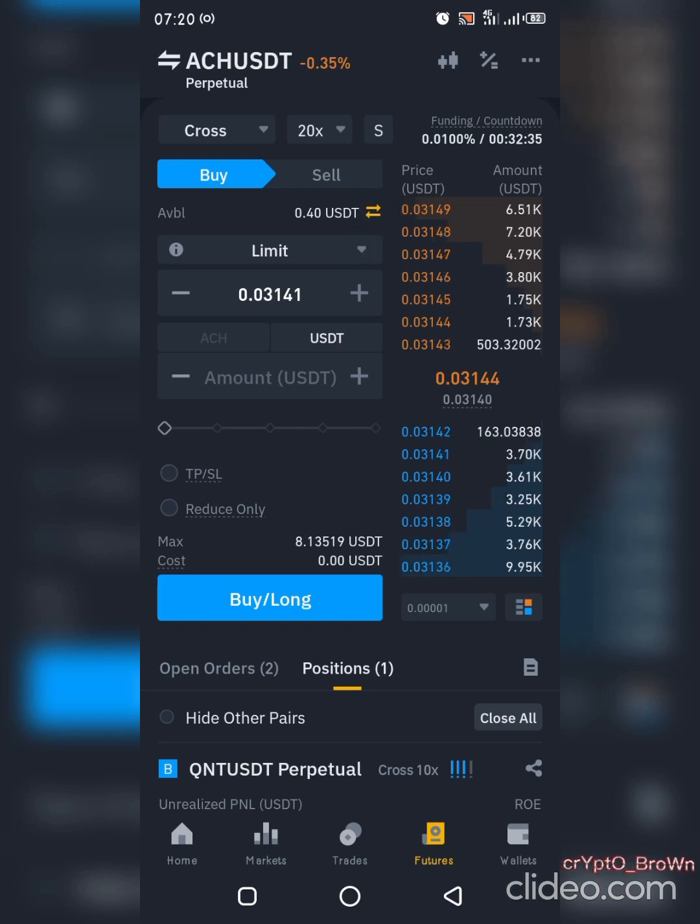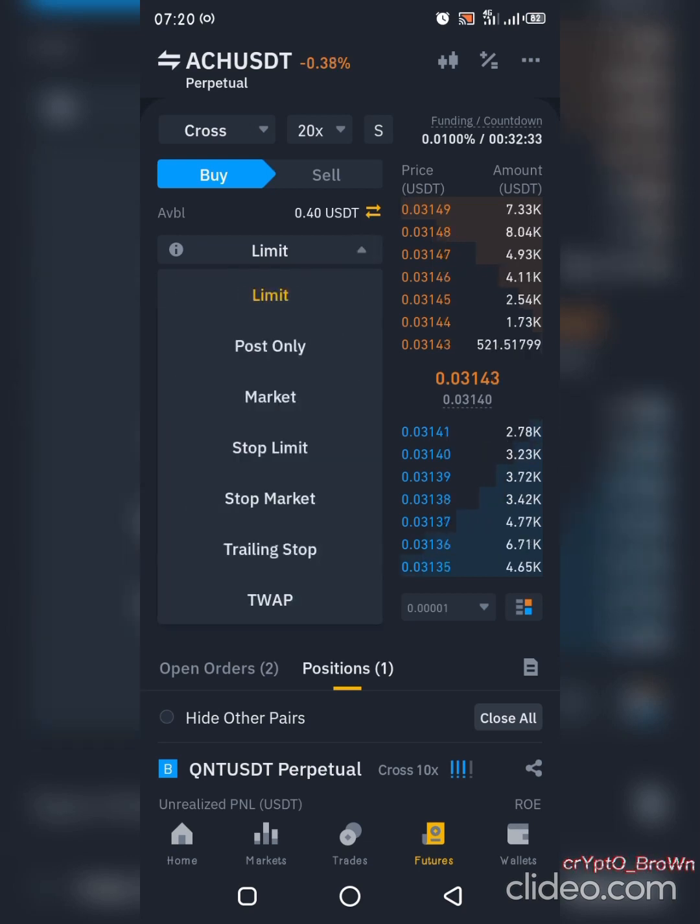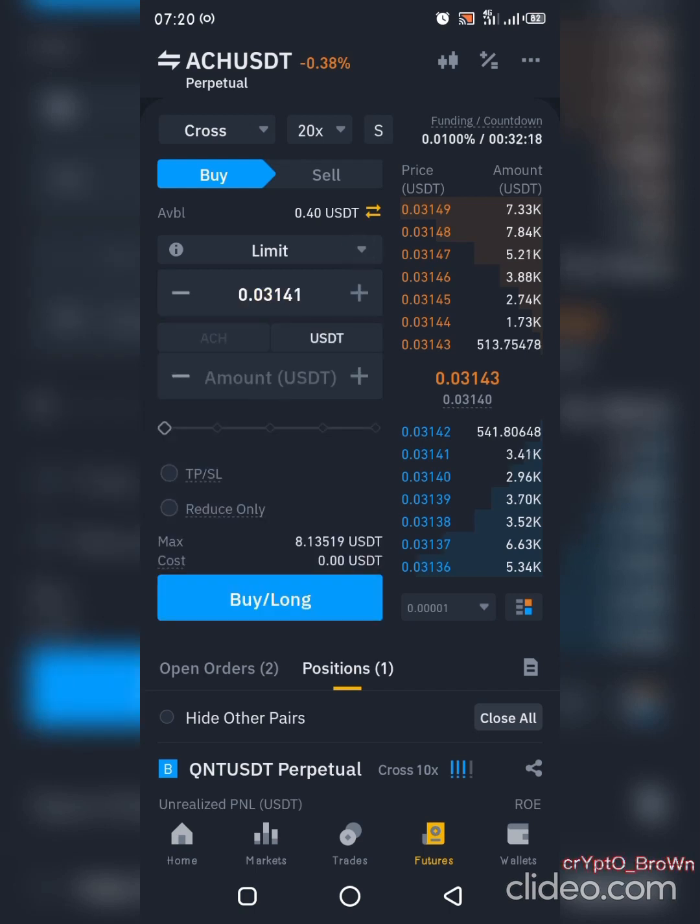Over here we have limit orders, the type of order that you want: maybe post only order, market order, stop limit, stop margin, trailing stop, and TWAP. So it determines the kind of order that you are using. Maybe when you are given a signal and told to use a limit order, it means that with the limit order you are determining the price at which you want to enter the market.